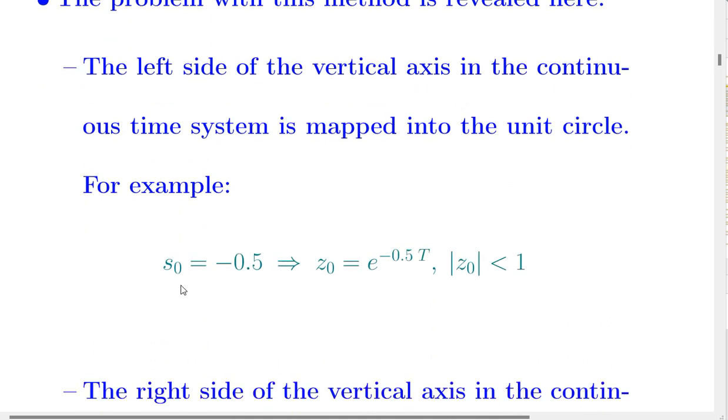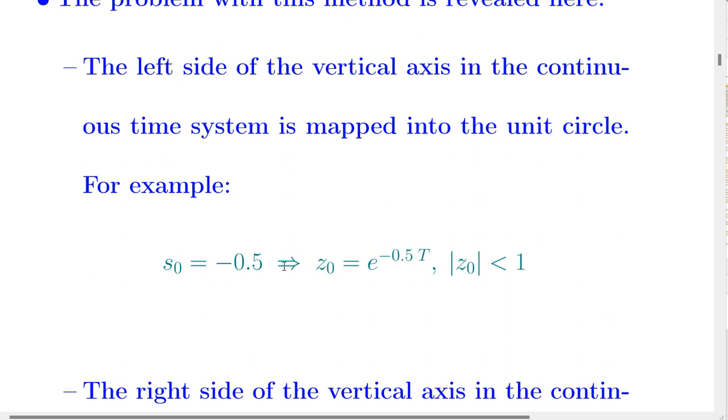For example, if you take s_0 to be equal to minus 0.5, you'll get z_0 equal to e to the power of minus 0.5 times T. Definitely, its magnitude, the absolute value of z_0, is less than 1, meaning that it is inside the unit circle.